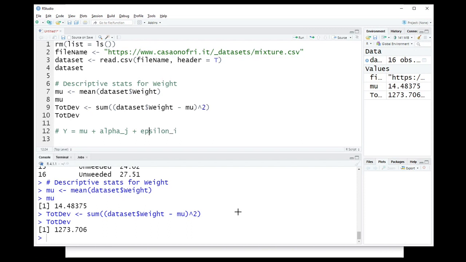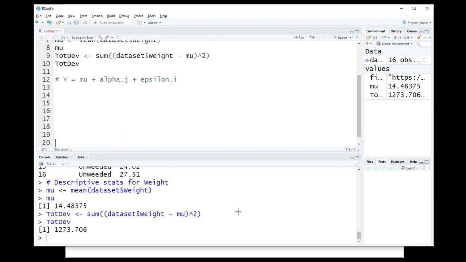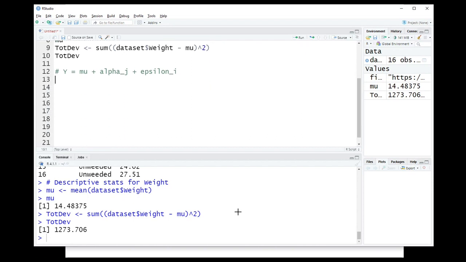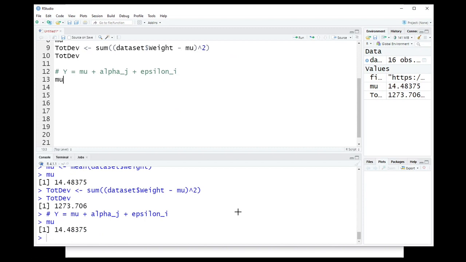By using j, because we have j treatments, j goes from 1 to 4. So we have alpha 1, alpha 2, alpha 3, and alpha 4. And we have 16 values of epsilon, right? So we know about mu. Mu is 14.5.